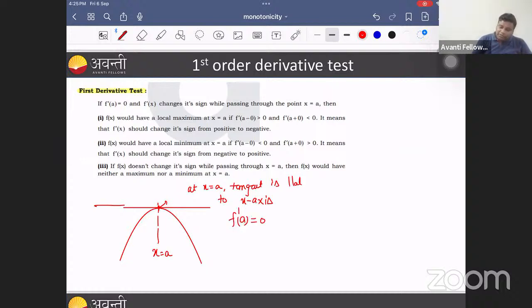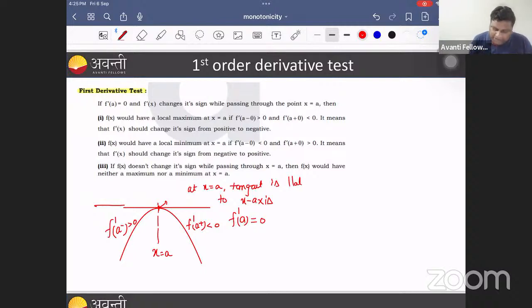Now you see what is happening in the left of x equals a. This function is increasing, so f dash a minus is positive. What is happening in the right of x equals a? Then f dash a plus is going to be negative. In the left, it is positive, increasing. In the right, it is negative, decreasing. Got it?